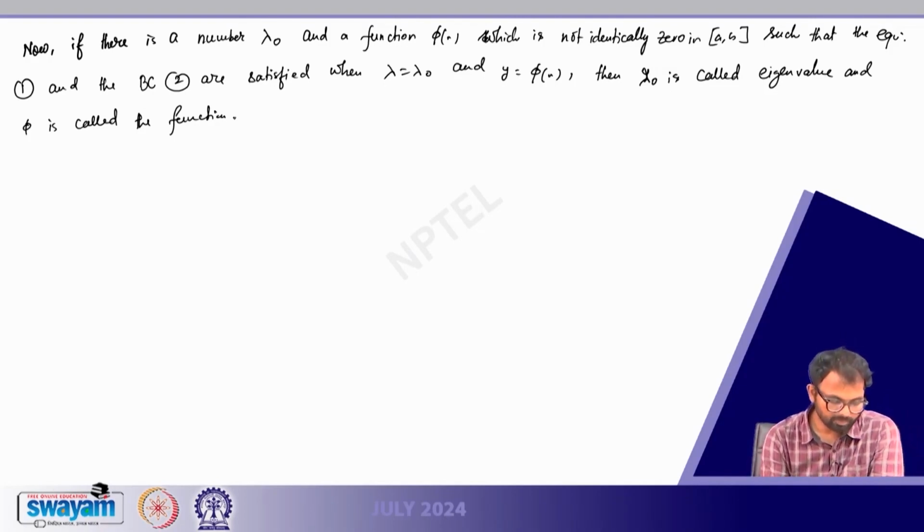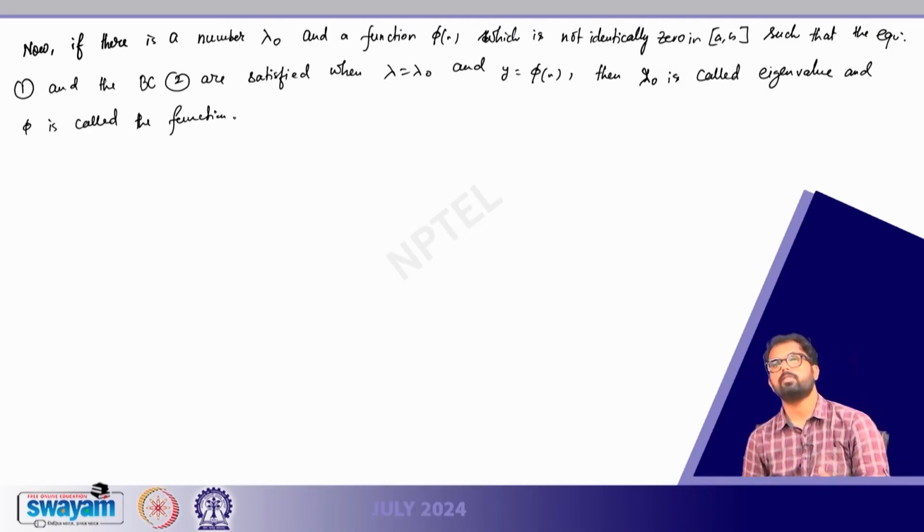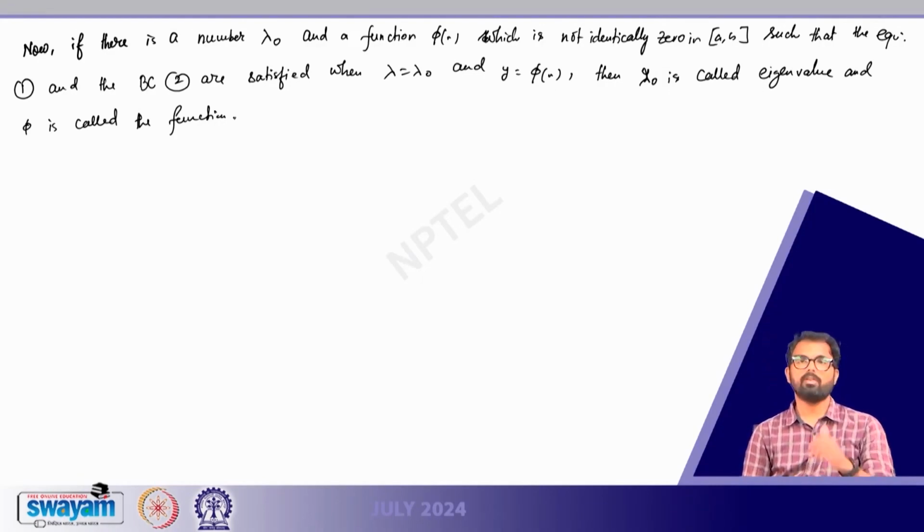So basically this eigenvalue and eigenfunction are associated with the given boundary value problem. And since we have a second order ordinary differential equation, we cannot have more than 2 independent eigenfunctions, because for a second order ordinary differential equation we have 2 independent solutions.